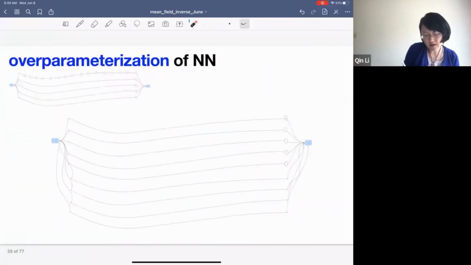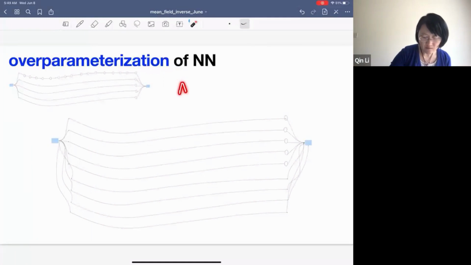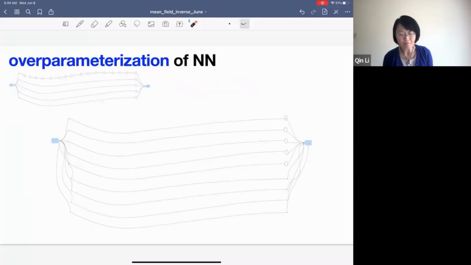Now suppose instead of having 5, we have a lot more flows of the neurons. So basically from far away, you cannot really distinguish one neuron from another. You have a whole map of neurons in front of you. And this is a so-called mean field limit. That is to send the number of neurons per layer to infinity.